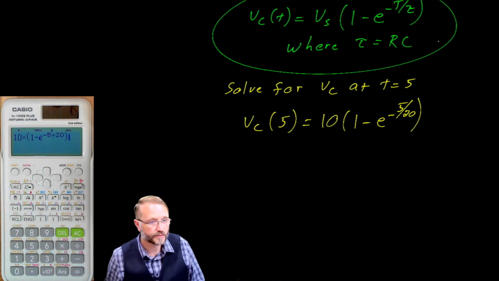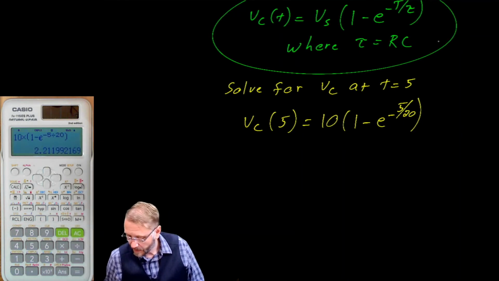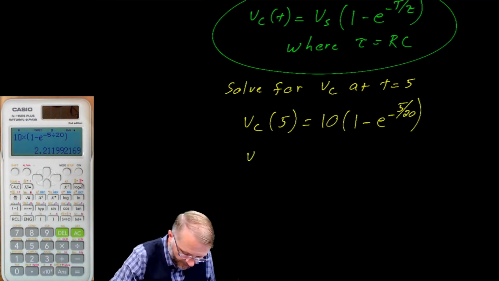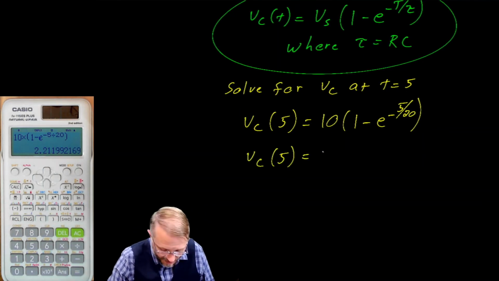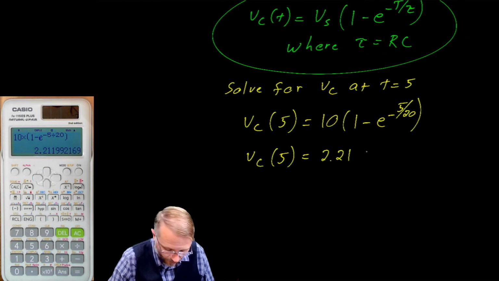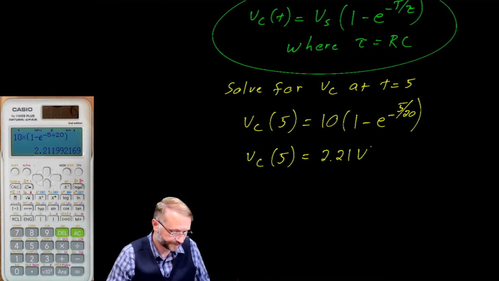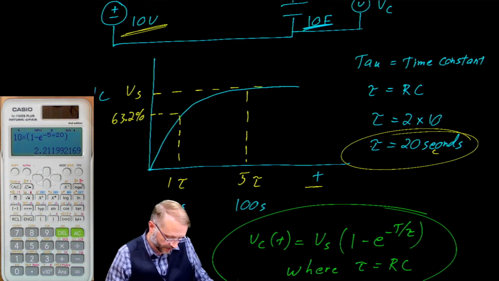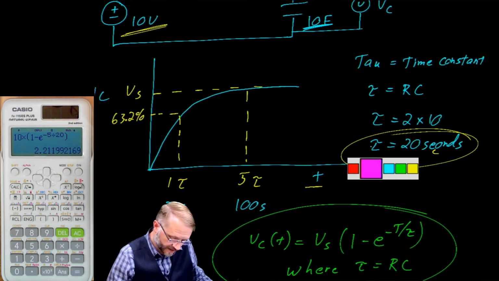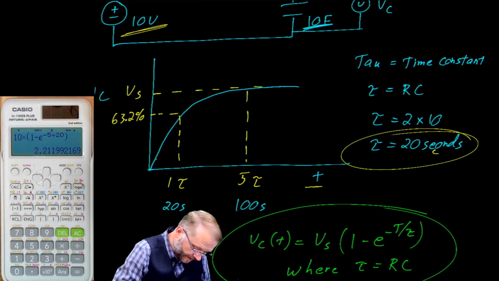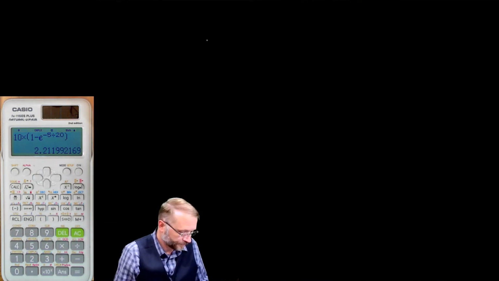Now you can put the large parenthesis there. So that tells us the voltage on the capacitor at 5 seconds is 2.21 volts. If we were to look at the graph, that means we are approximately here. We barely moved, and we're at 2 volts.